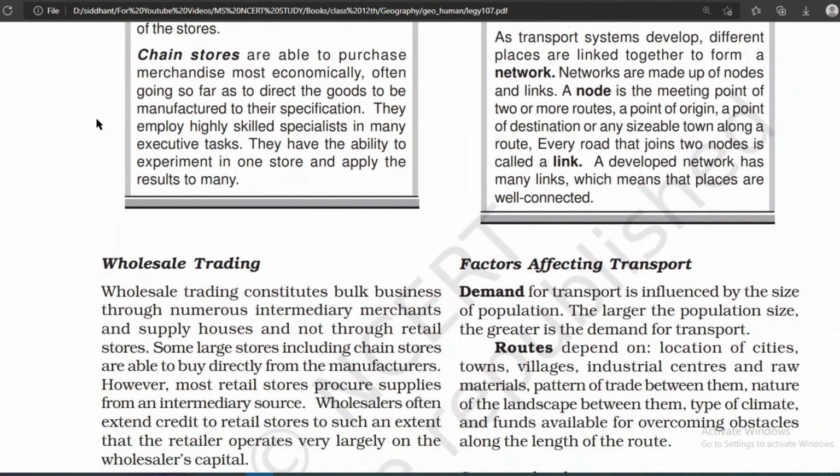Chain stores are able to purchase merchandise most economically, often going so far as to direct goods to be manufactured to their specification. They employ highly skilled specialists in many executive tasks. They have the ability to experiment in one store and apply the result to many.